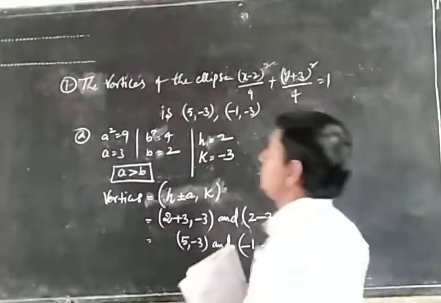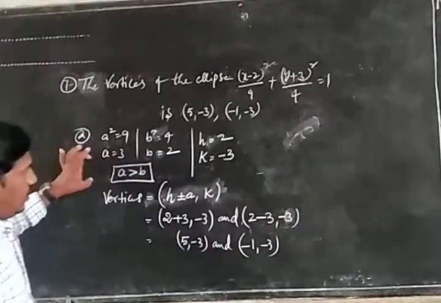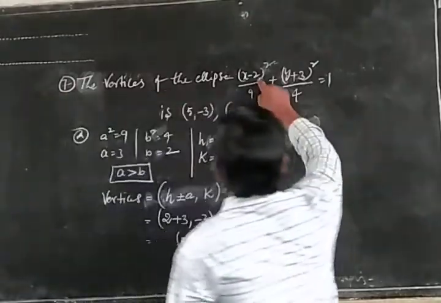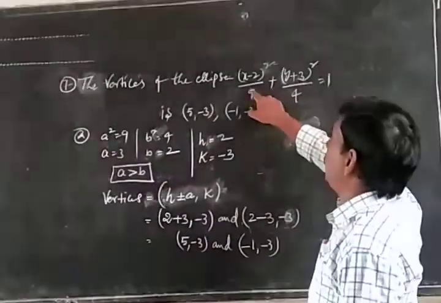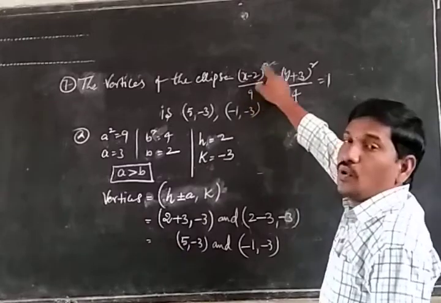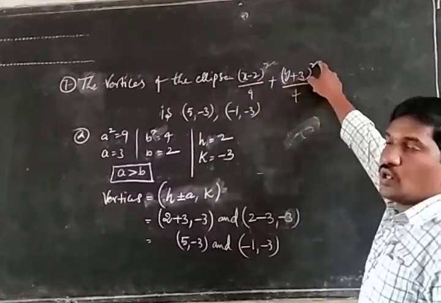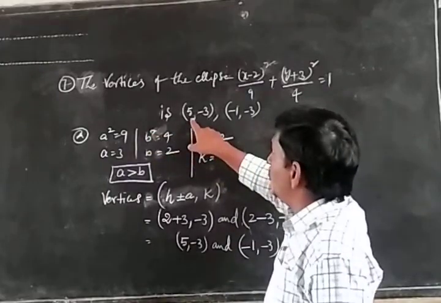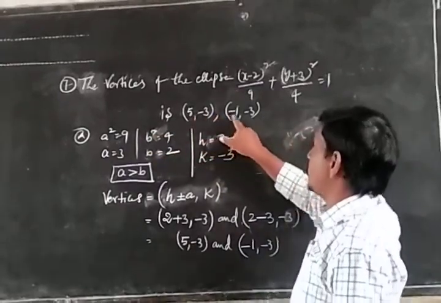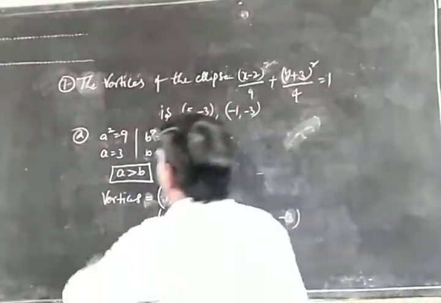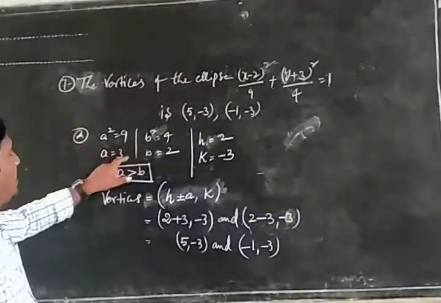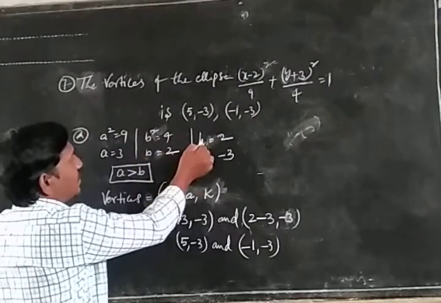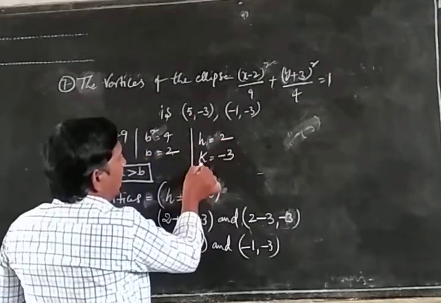Okay, this is the explanation. The vertices of the ellipse (x minus 2) whole square by 9 plus (y plus 3) whole square by 4 equal to 1 are 5 comma minus 3 and minus 1 comma minus 3. So a square equal to 9, a equal to 3, b square equal to 4, b equal to 2, h equal to 2, k equal to minus 3.